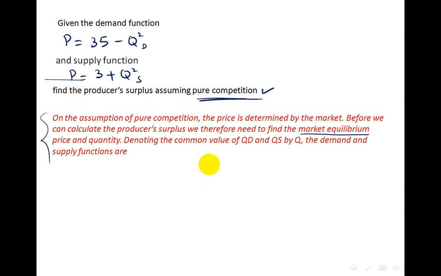Market equilibrium means when the demand equals the supply in price and quantity, of course, denoting the common value of QD and QS by just Q, as I told you. QD means just quantity and QS also means just quantity, but regarding demand and supply. So to find the price and quantity in pure competition, or in market equilibrium, use the elimination method.